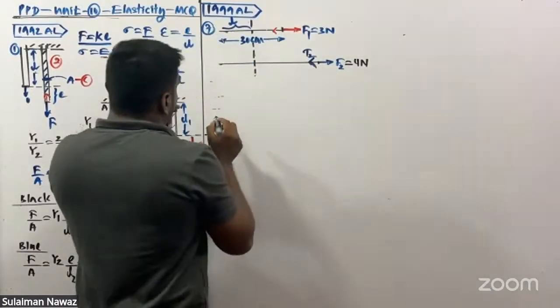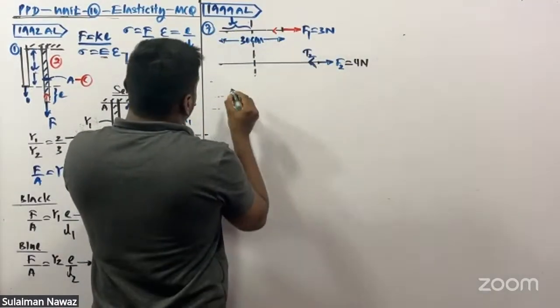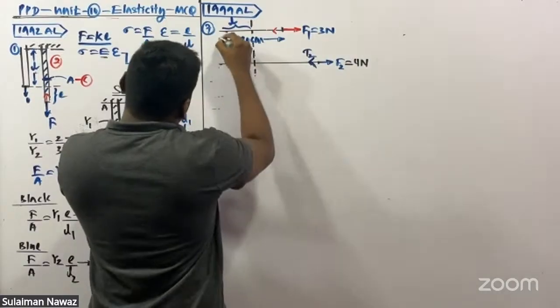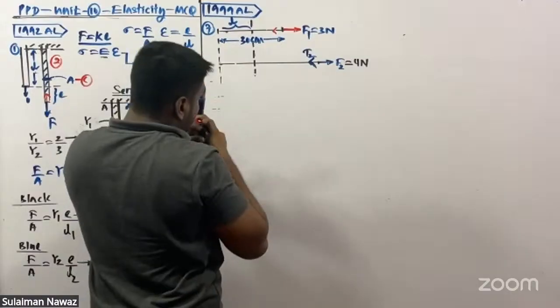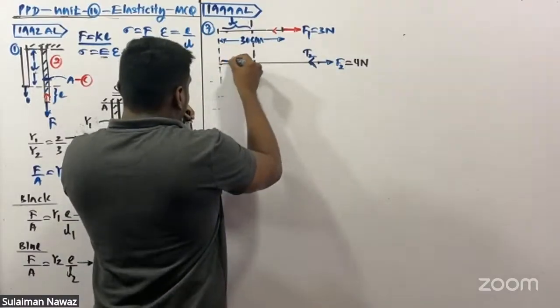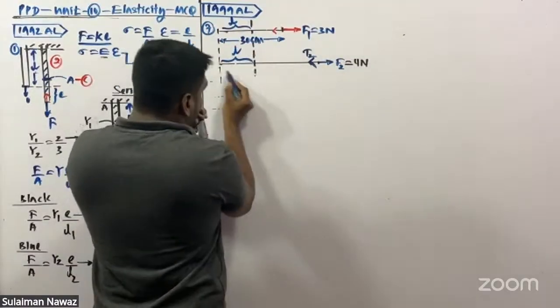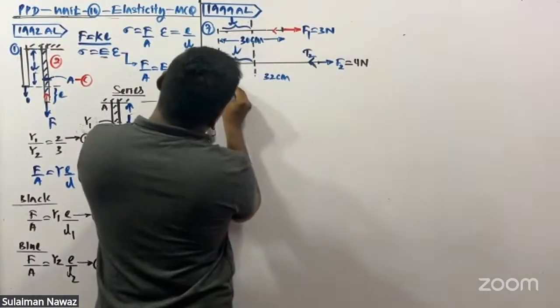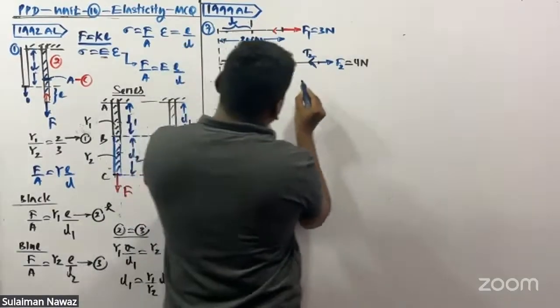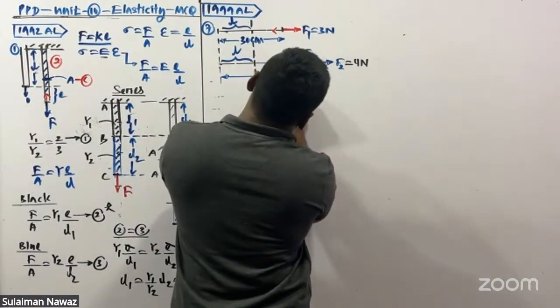Natural length is simple length. Now the length is 32 centimeters. Learn from these questions.